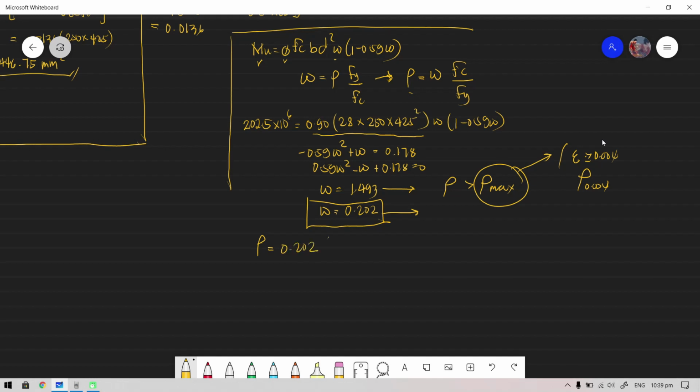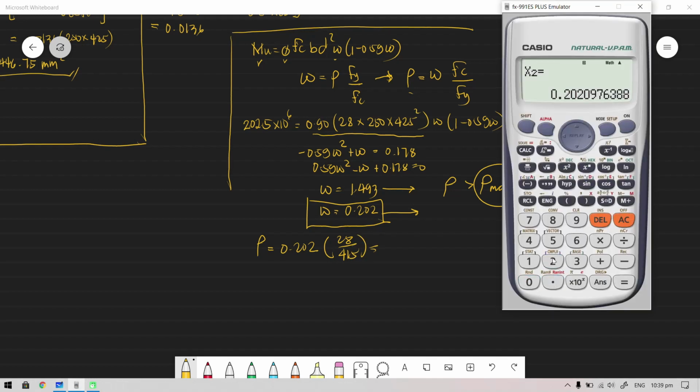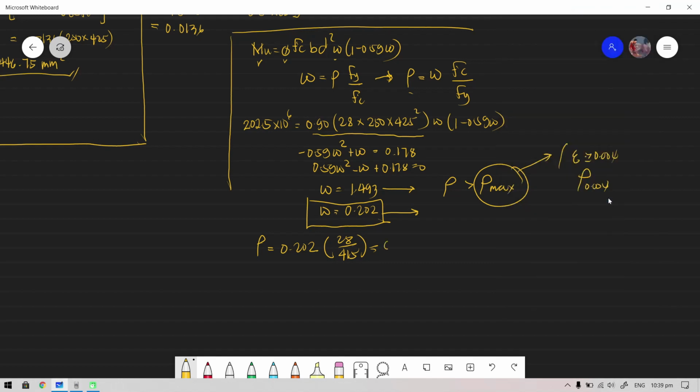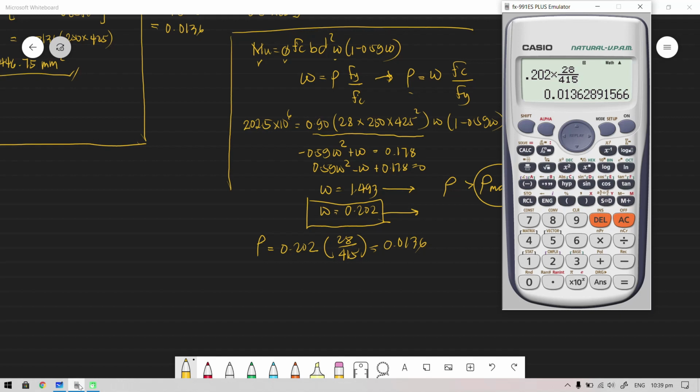So that your rho will be 0.202 multiplied by 28 over 415. So, meron ka ng rho, 0.0136.